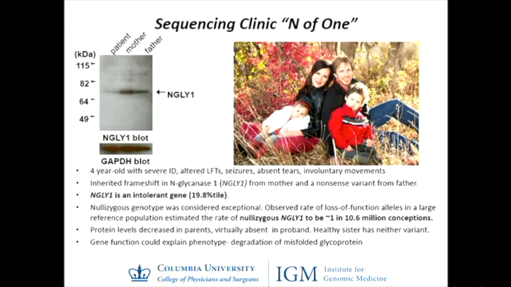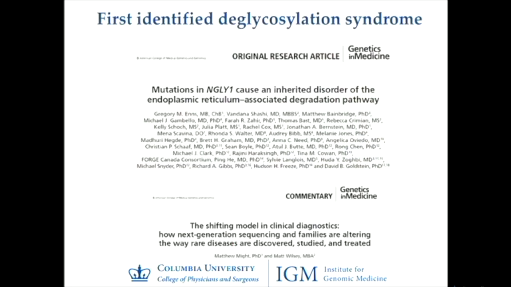Families Googling, going through the same diagnostic odyssey, and identifying that their children had this, contacted the Mights, and through the Mights contacted researchers. As a result of these family communications, this is now the first identified deglycosylation syndrome, and NGLY1 is a securely implicated gene through double loss of function, complete loss of function.